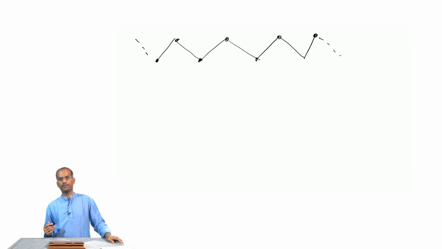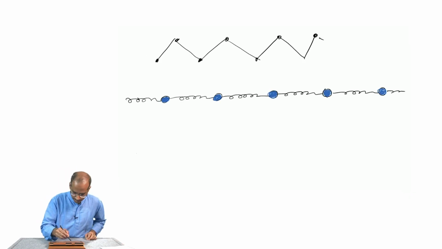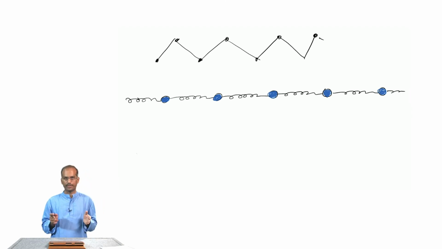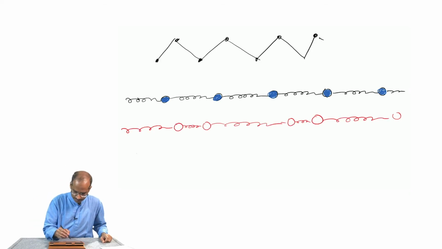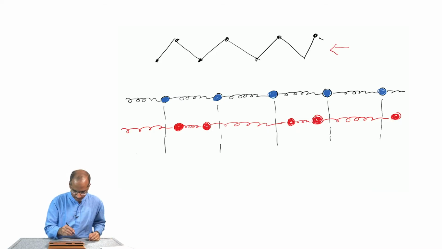Now, what is the equivalent of this in the case of longitudinal waves? In the case of longitudinal waves, what you could expect is that the adjacent springs would be alternatively compressed, elongated, compressed, elongated. Now, we are ready to write the governing equation.